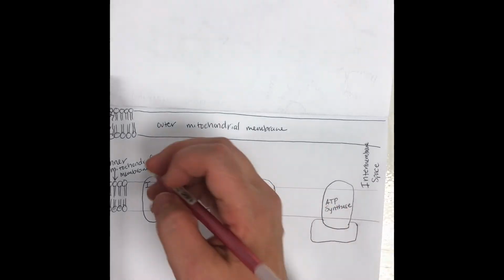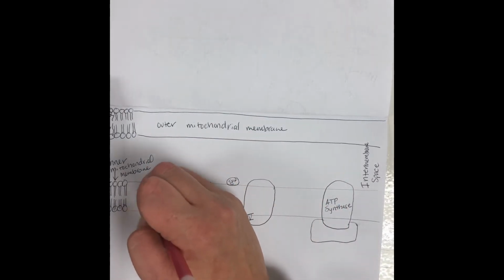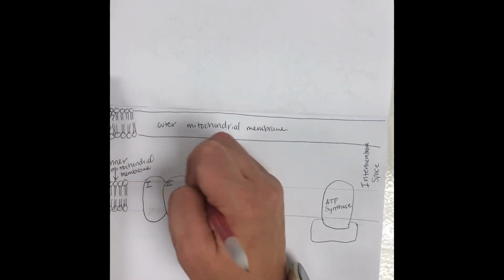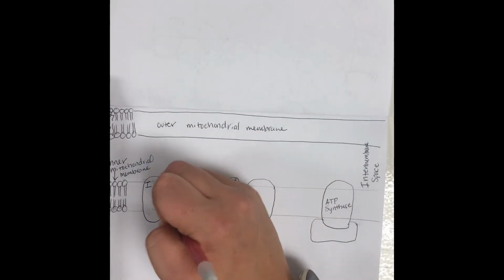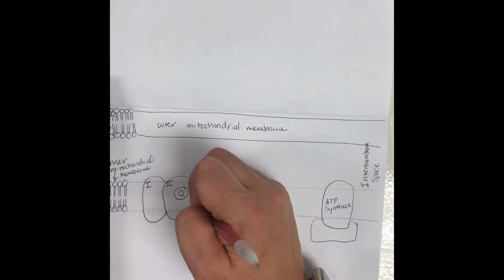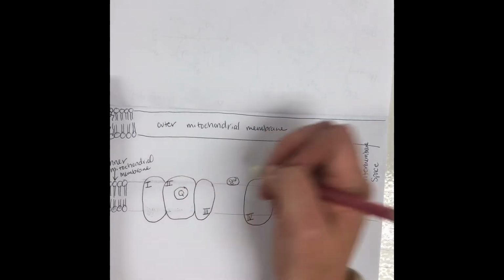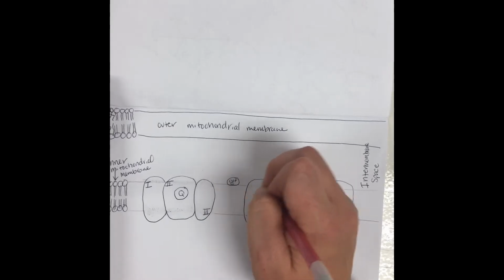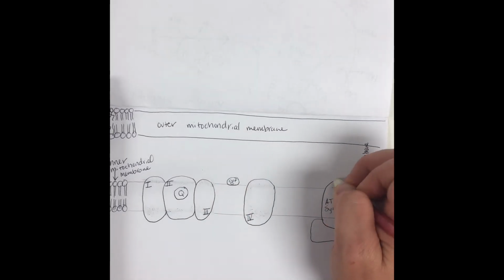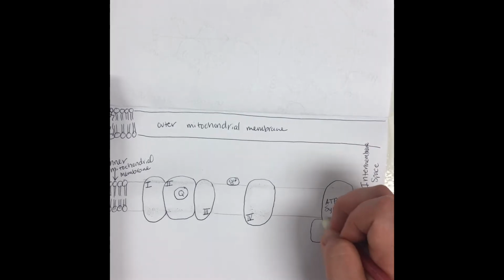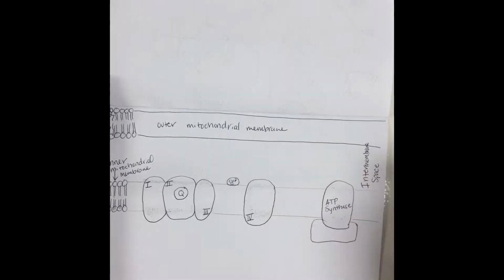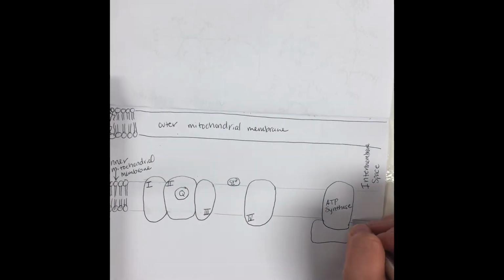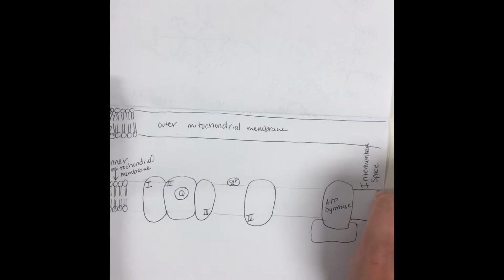All right, so these are all my proteins, so now I can erase my little lines. And now I can replace these with pen.